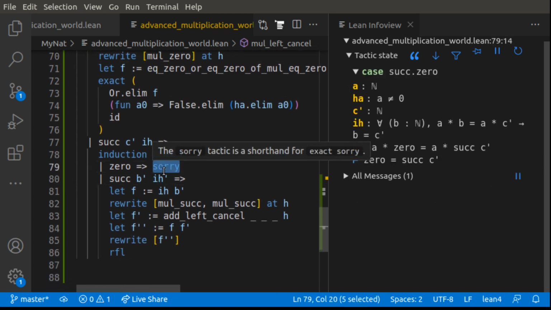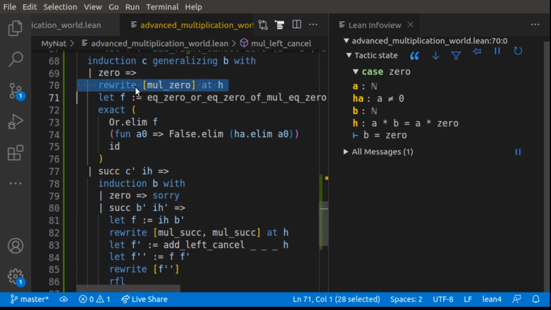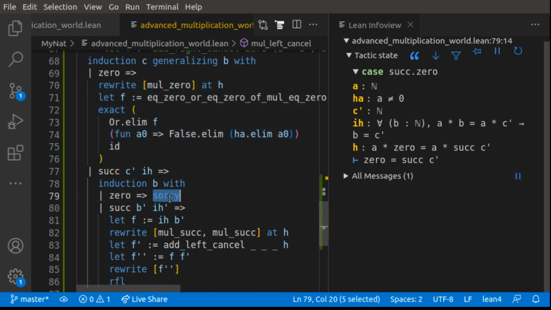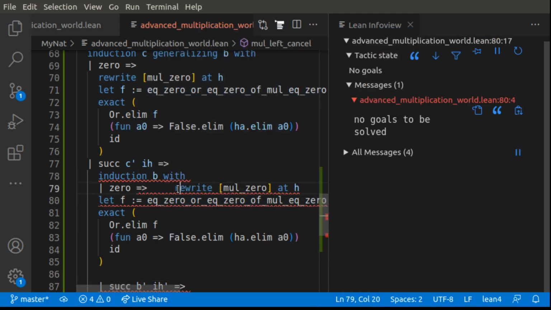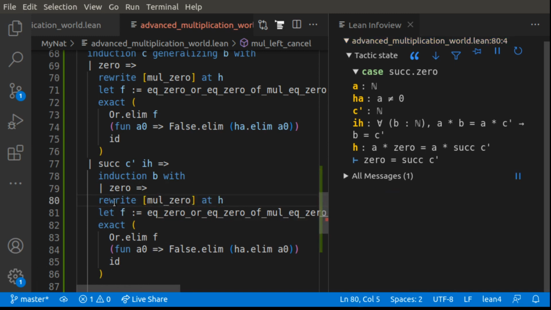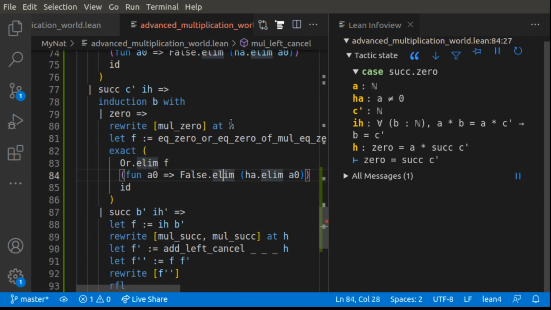Okay, let's do our second sorry. 0 equals successor of C prime. Okay, well, we can solve this, I think, the exact same way. I'm just going to copy this whole chunk of code over and see where it takes us. Oh, does that just work? I don't even do anything different? Okay.